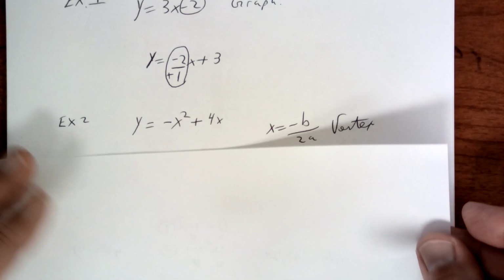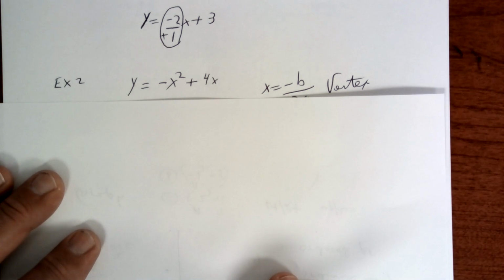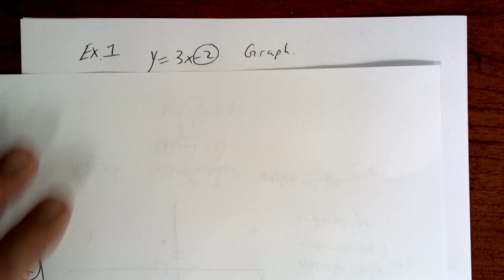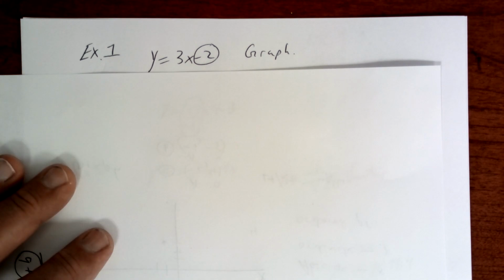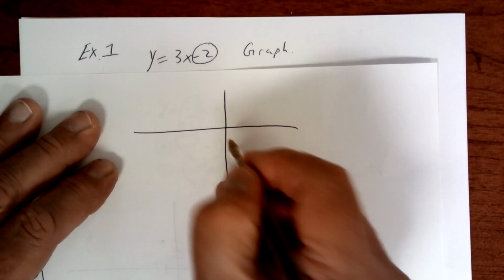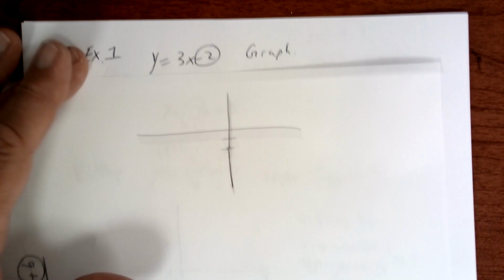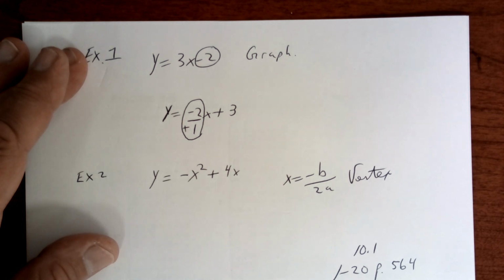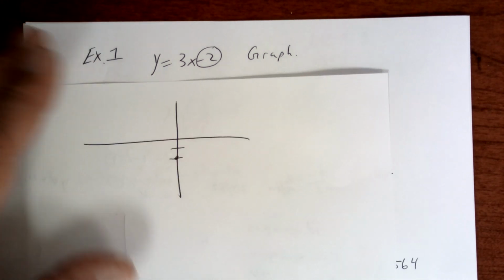Try this one. Now actually, you know, this one right here, let me switch it, try that one. Okay. So this one you're going to go down 2, put a dot. Let me see here. Actually, I might have mixed these up. So let's just do this one over.